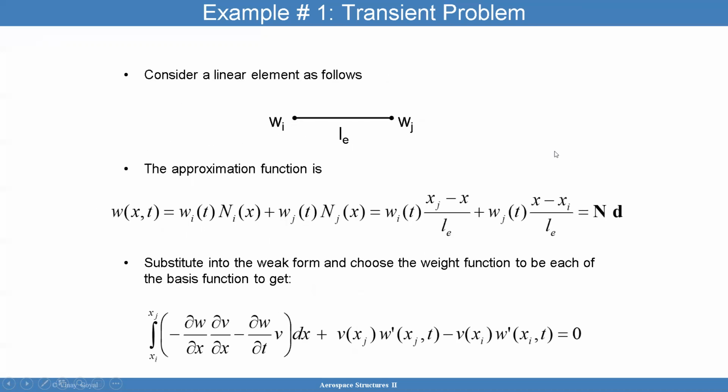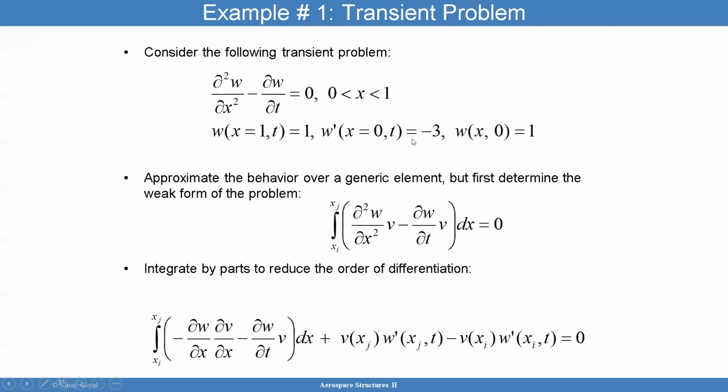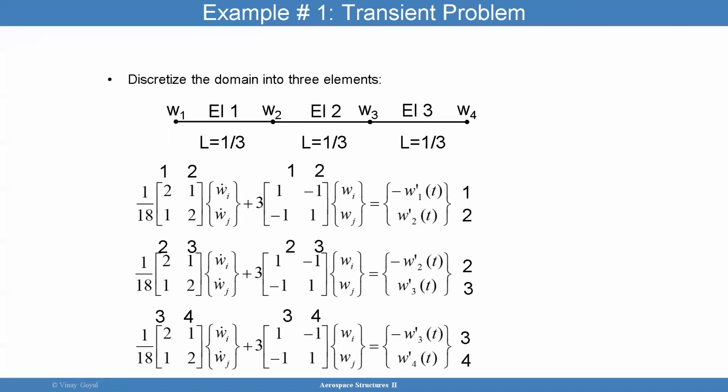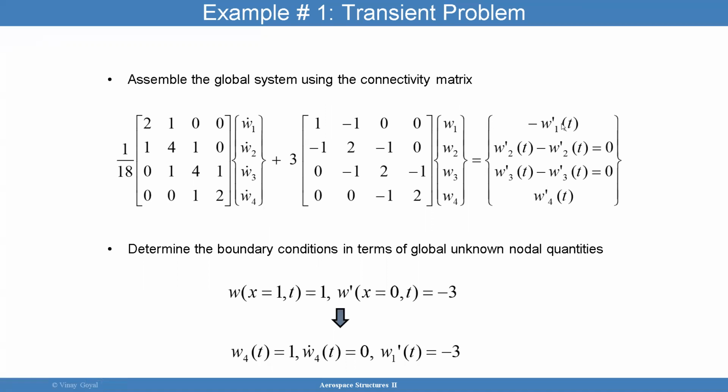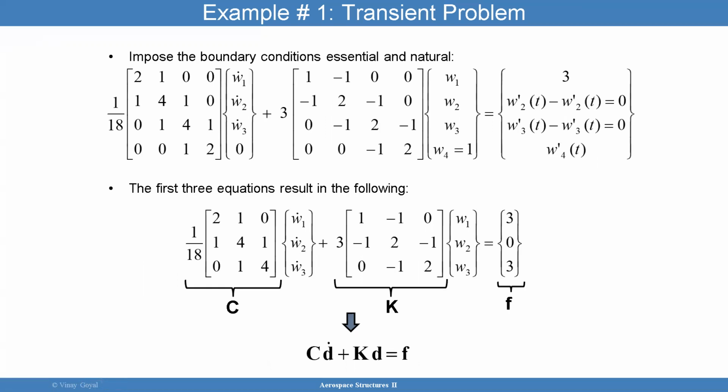I know them. They're given to us in the initial statement. They're given to us here. W at x equals 1 is 1, for example. So I can just substitute everything here. And so I basically simplified the equation into this.